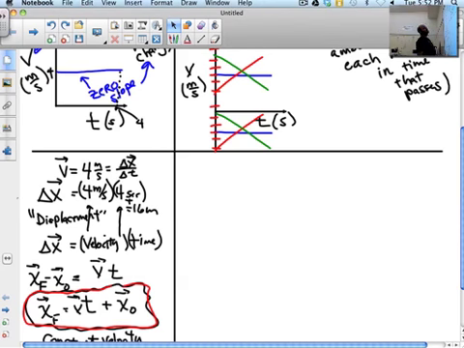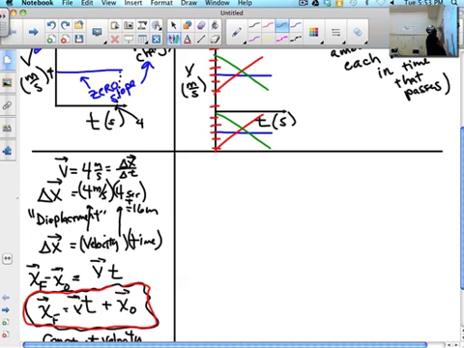Now, if I want a general equation for all of these possibilities of constant acceleration, you notice all of these are lines. So that means I would have velocity equals some slope times t, which is time, plus whatever the vertical intercept is.